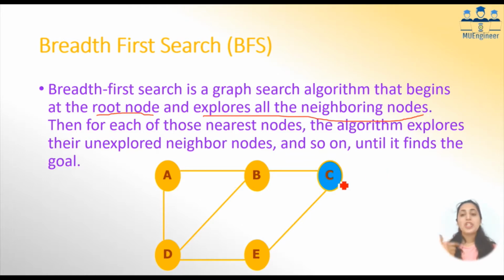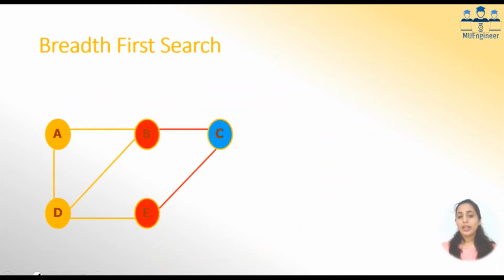The nodes which are adjacent to C, that means the nodes which are connected to C via some edges. There are two nodes connected via edges to C, that is B and E. So B and E are the neighbors of C. Starting from C, the next nodes that I will explore are B and E.